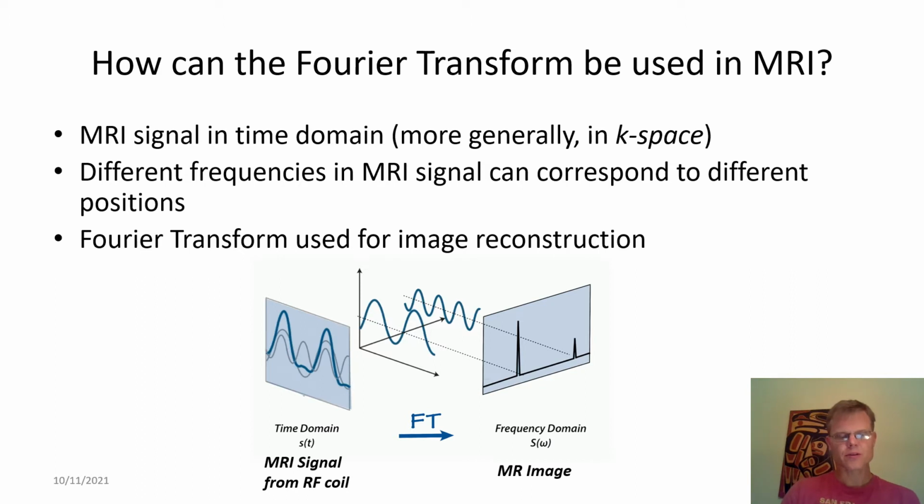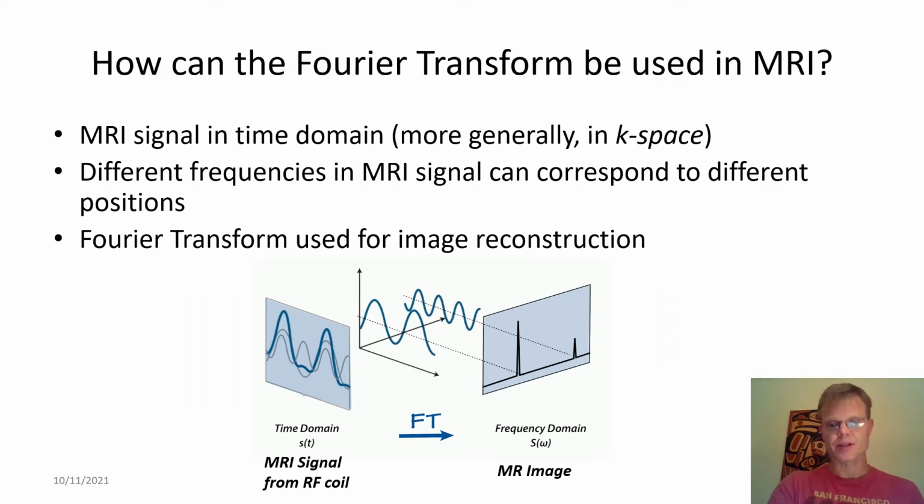Okay, so back to one of those pictures from one of the earlier slides, where MRI signal is going to come in the time domain, or actually we're going to extend this slightly later into a domain called k-space. And different frequencies in the MRI signal correspond to these different positions because of our gradients. And so then our Fourier transform is actually used for image reconstruction.